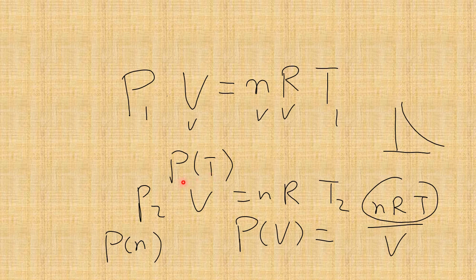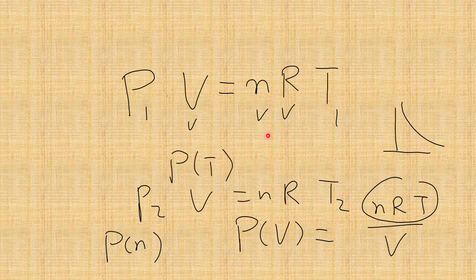Then you will expect a linear relation: temperature goes high, pressure goes high, just straight. And temperature goes to 0, pressure goes to 0. You can imagine the atoms stop moving, and then there's no hitting on the wall. The pressure goes to 0.